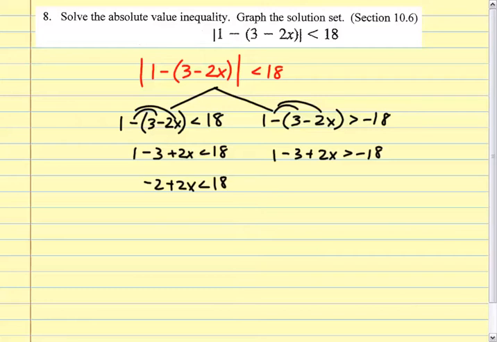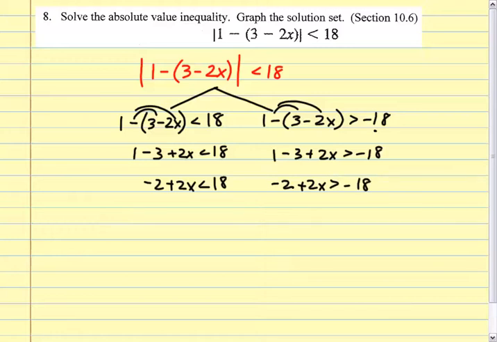I think we can take the negative in absolute value. The absolute value cannot be negative. This thing up here cannot be negative. But we've now split it into two bits. This isn't an absolute value number anymore. So then I'm going to get negative 2 plus 2x is greater than negative 18.